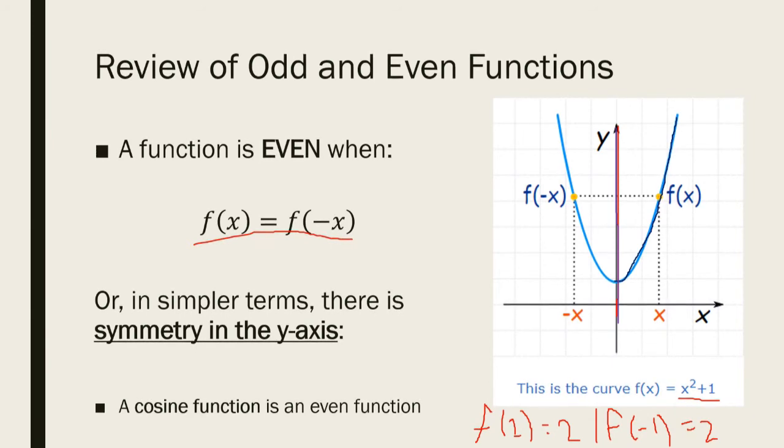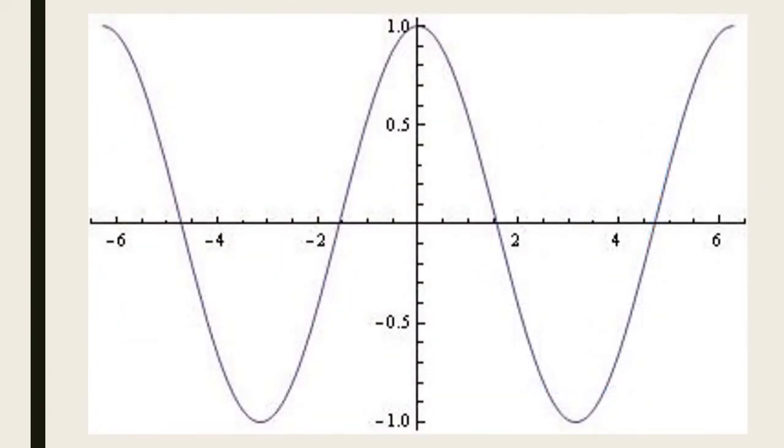Another thing we need to note is that a cosine function is an even function. How is that? We have here a figure of the cosine wave or the cosine function. Let's try to visually analyze this first.